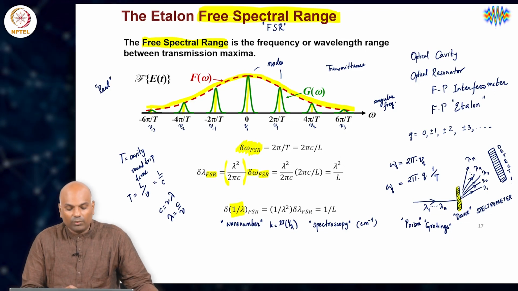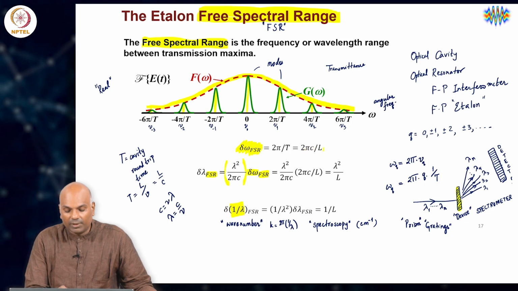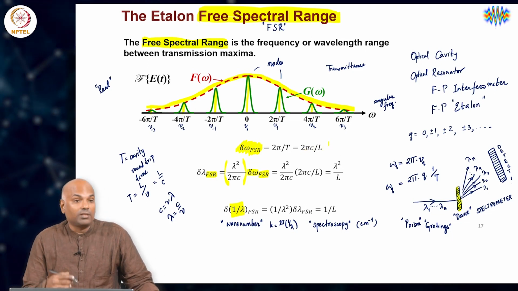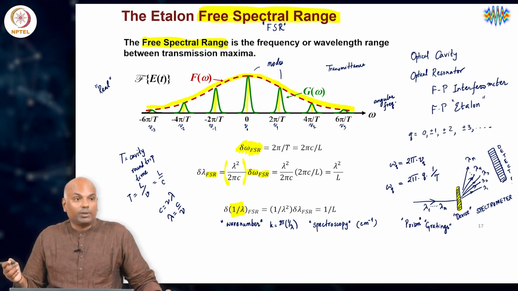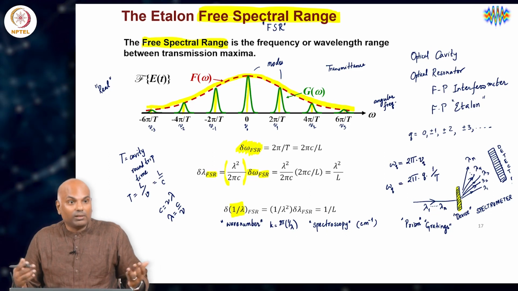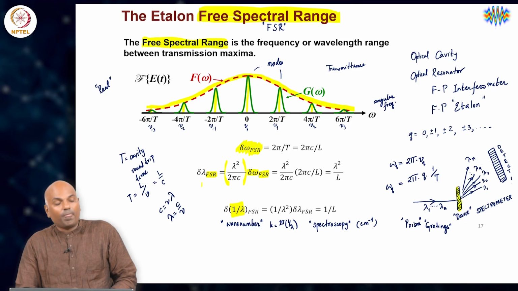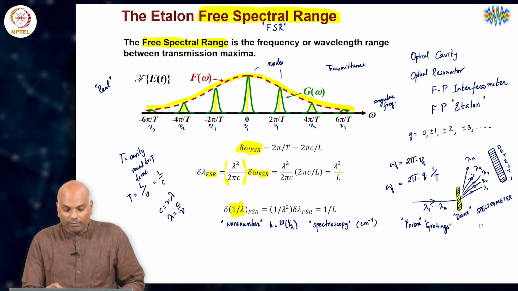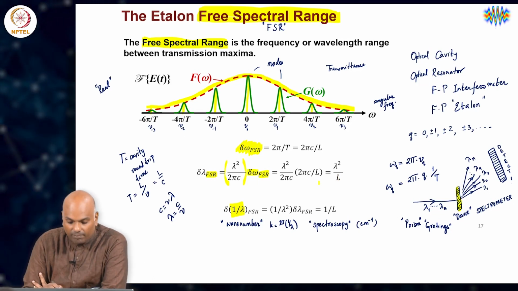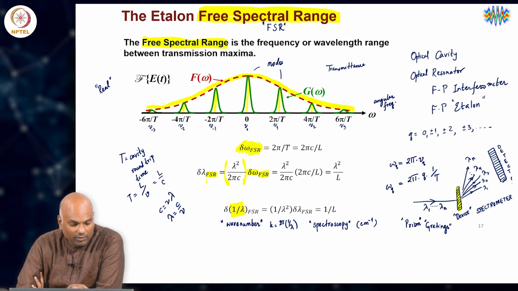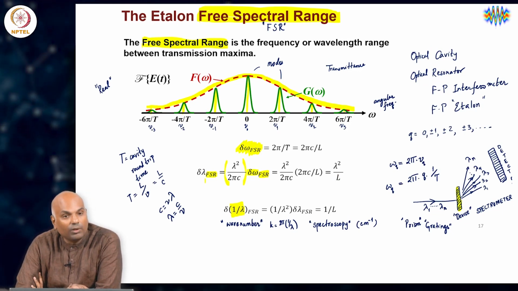So, delta omega FSR is 2 pi times c by L, but delta nu FSR is just c by L, the velocity of light divided by the round trip optical path length. Whereas delta lambda is lambda square multiplying 1 over L. A little tip, a trick for your tests: match the dimensions on either side.